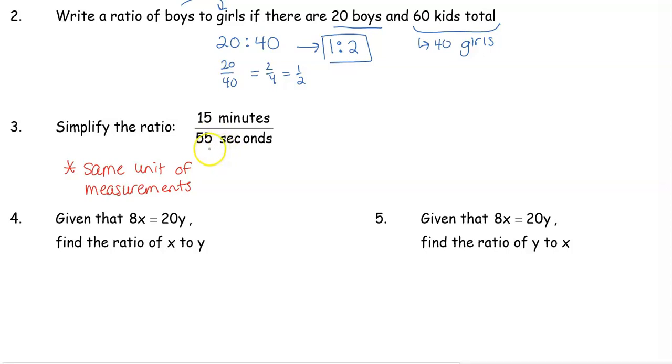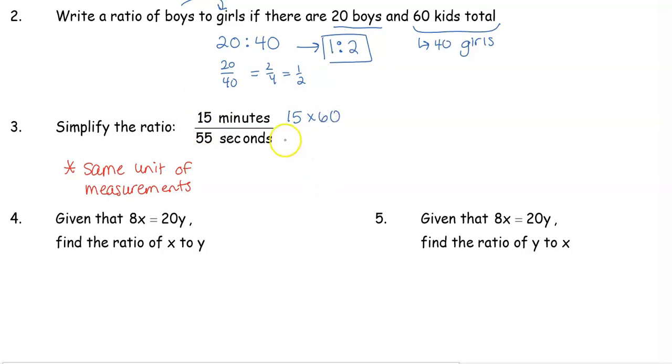So if I wanted to convert seconds into minutes, I would have to divide because I'm making it into a bigger unit of measurement, so I'm going to have less of them. If I have 15 minutes and I convert that to seconds, I can multiply because minutes are bigger than seconds. Now we know that there are 60 seconds in every minute. So if I have 15 minutes, I have 15 times 60 seconds.